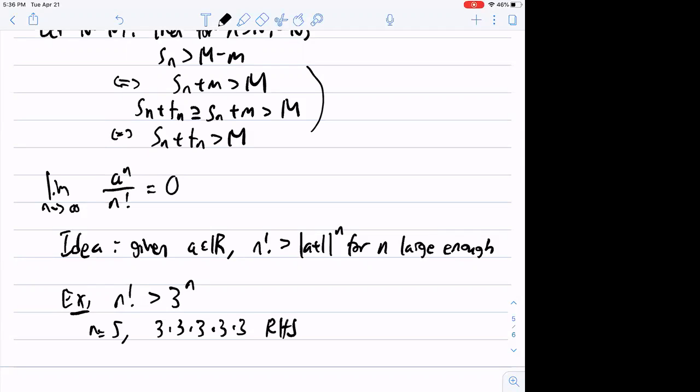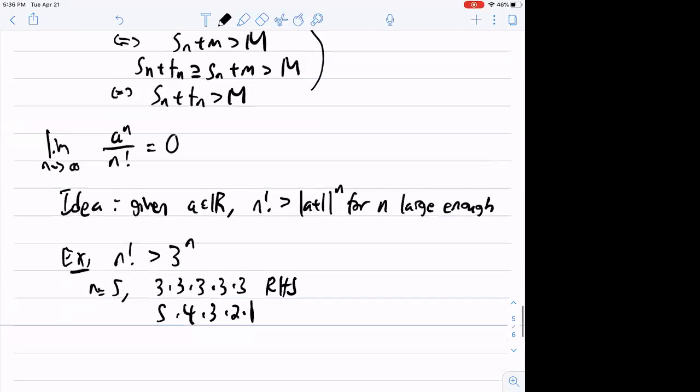But on the left, most of the numbers are bigger except the first two: 4 times 3 times 2 times 1. Sure, this part is bigger here, but everything afterwards is going to blow up. So if you take n large enough, you can see this is true.